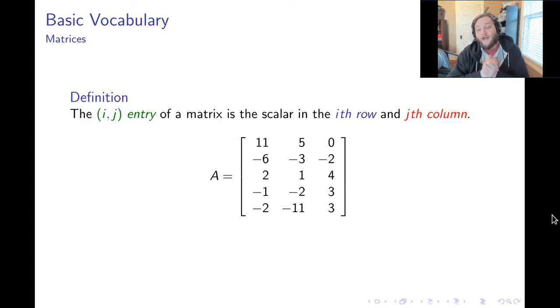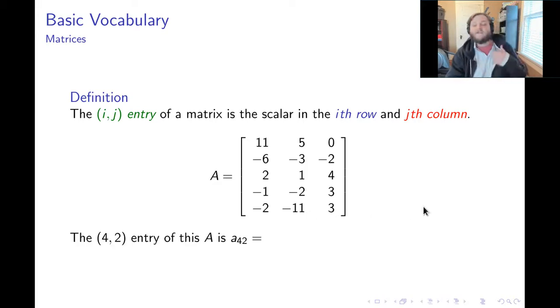Now, when we're talking about matrices, one thing we'll want to do is look up the various scalars that live inside a matrix. By definition, the ij entry inside of a matrix is the scalar that lives in the ith row and jth column. So here we're working with a perfectly good matrix called A. Just by glancing at it, we can note that this matrix has 1, 2, 3, 4, 5 rows and 1, 2, 3 columns.